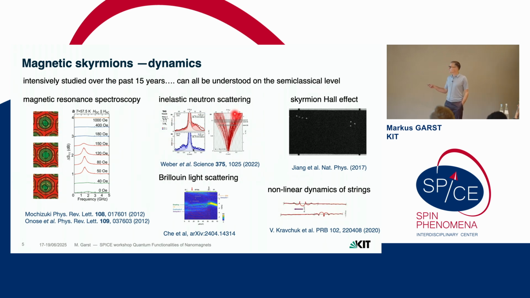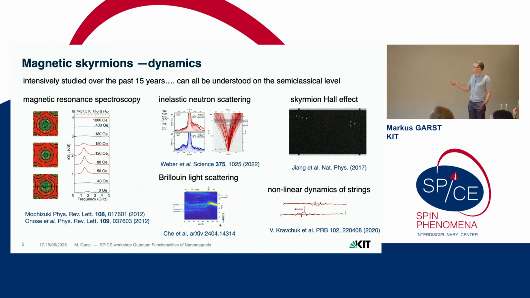This was very challenging, and there are various excitation modes which could not be resolved by neutron scattering, but overall the intensity spectra could be explained by theory. This is recent work by Brillouin light scattering, where also more excitation modes than only these three could be resolved.